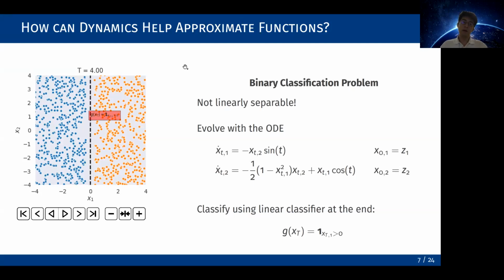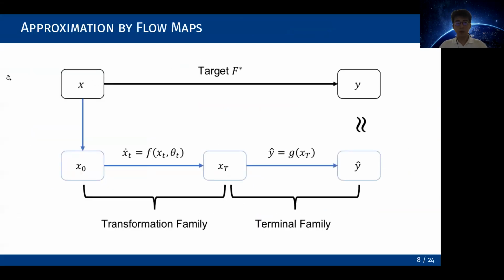In other words, how do flow maps, or flows of dynamical systems, help to approximate functions? Let's put that into some more concrete mathematics. So we have some input x, and it gets mapped to y through some target f star. This is something that we don't know. And the dynamical system approach approximates it in the following manner.